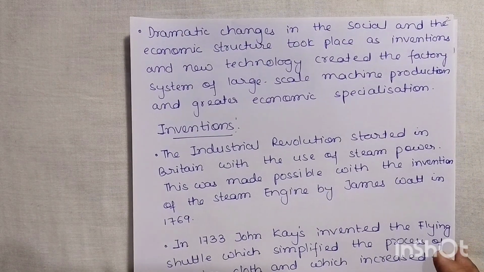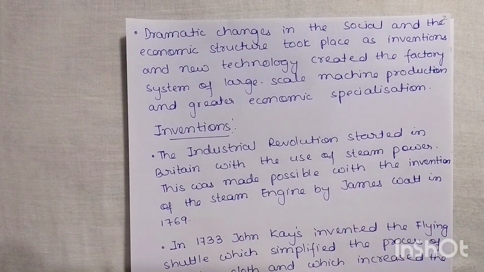Dramatic changes in the social and the economic structure took place as inventions and new technology created the factory system of large-scale machine production and greater economic specialization. So, due to this, what happened? The transformation of land also took place for commercial purposes.